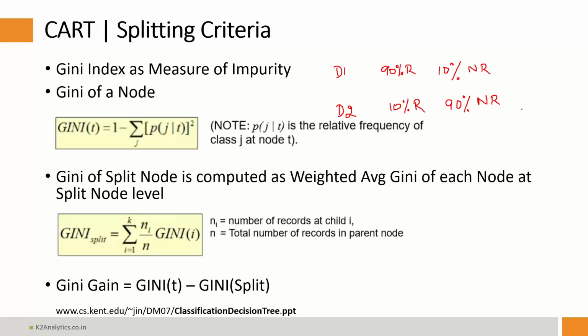Both the data sets D1 and D2 are equally pure or equally impure. There is no difference in their impurity level. The point I am trying to drive is that the purity or the impurity is measured on the composition of the classes.